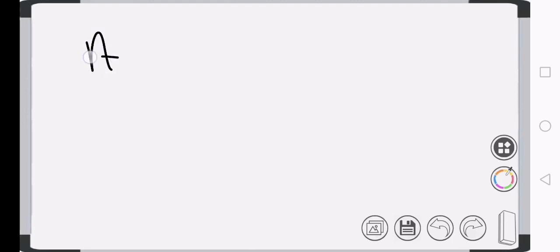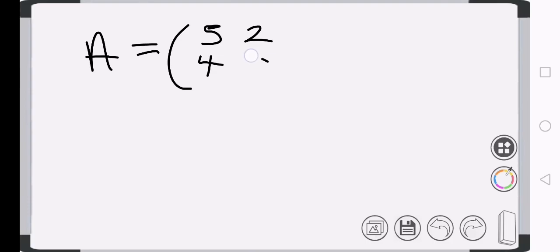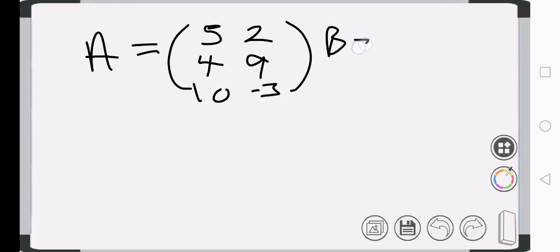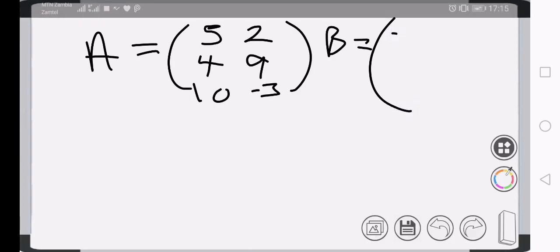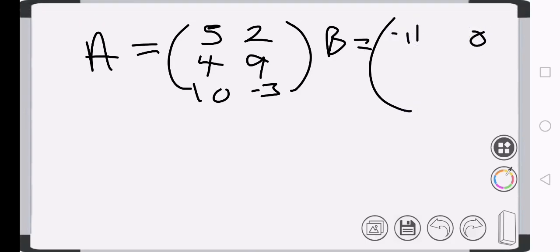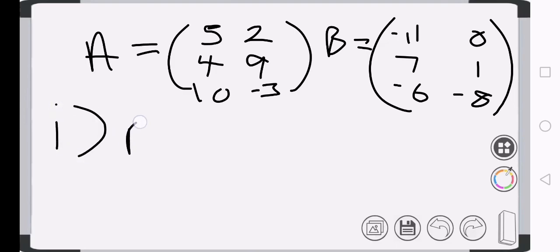Say for instance you've got a matrix A given as 5, 2, 4, 9, 10, -3, and the matrix B given as -11, 0, 7, -6, 1, -8. You have these two matrices, and then a question comes as A plus B.